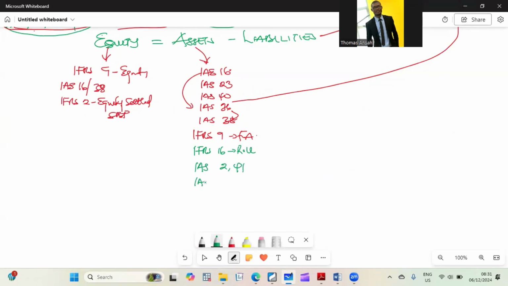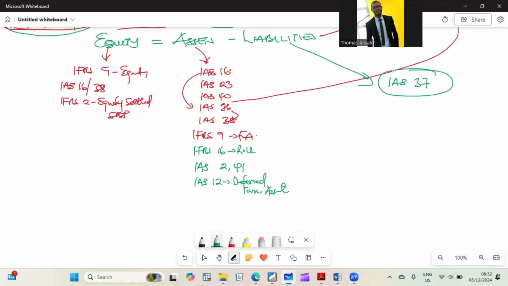And there is also the obvious IAS 12, which is deferred taxation. If you have a deferred tax asset, it's possible that you can have that. So these are the standards that are for assets. The danger is rather these ones, where you'll be dealing with the liability standard of IAS 37.